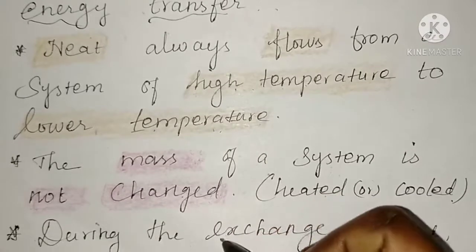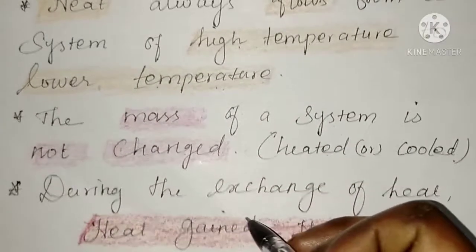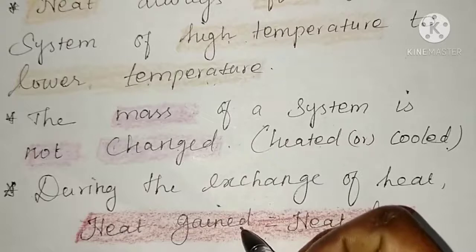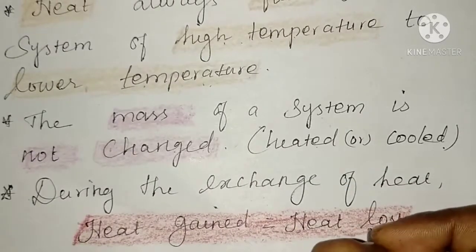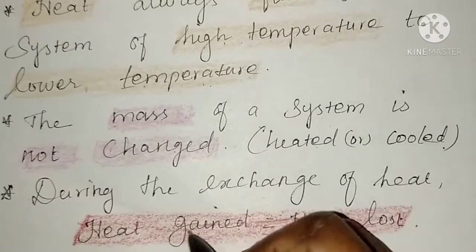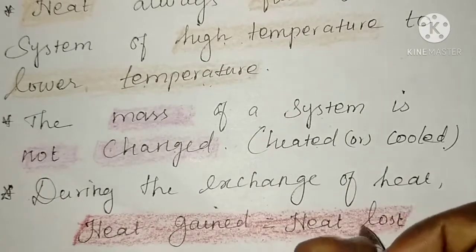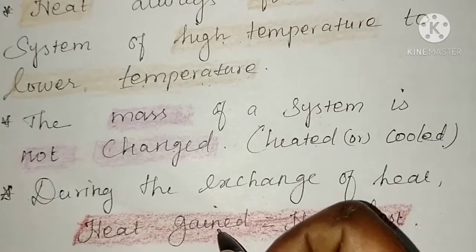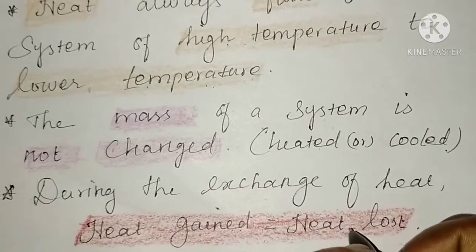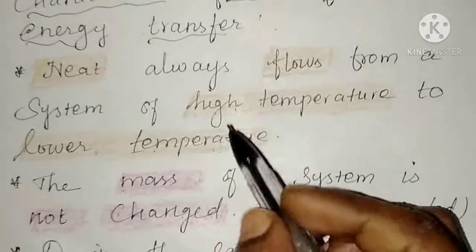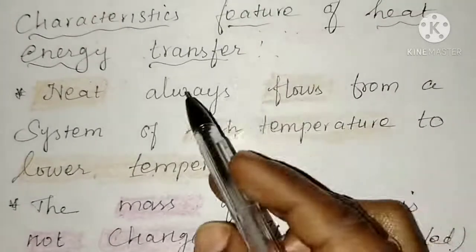Next characteristic: during this exchange of heat, the amount of heat gained by the cold body is equal to the amount of heat lost by the hot object. Heat gained is equal to heat lost. These are the three important characteristics of heat energy transfer.